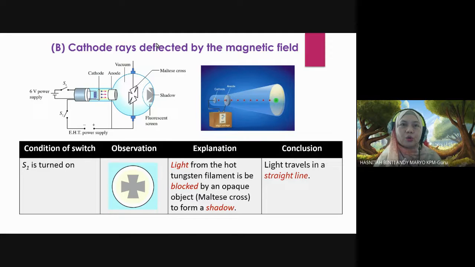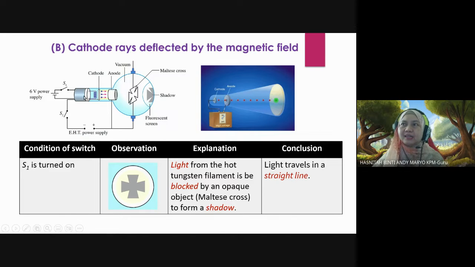A force acts on it, so it moves in a certain direction. This one is also the same. A force acts, so it will show deflection in a certain direction, which we can determine using Fleming's left hand rule. So this is the relation between 4.1 and this chapter in the deflection of cathode ray in a magnetic field.